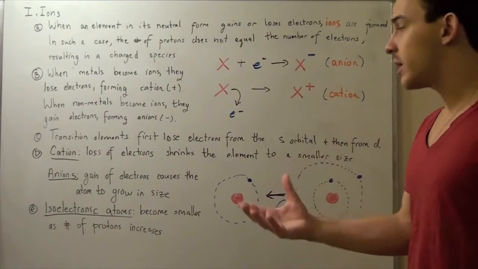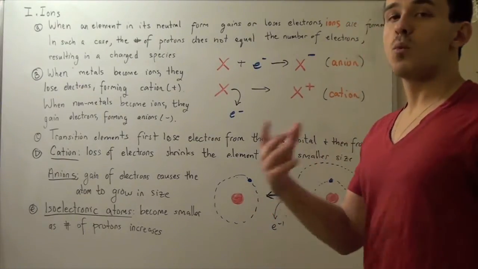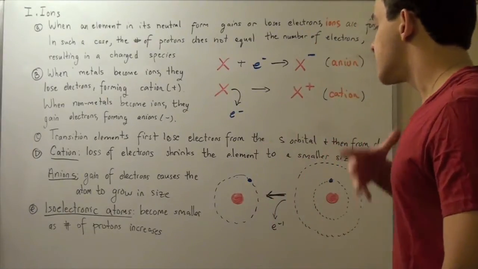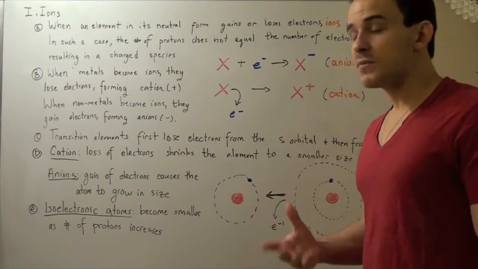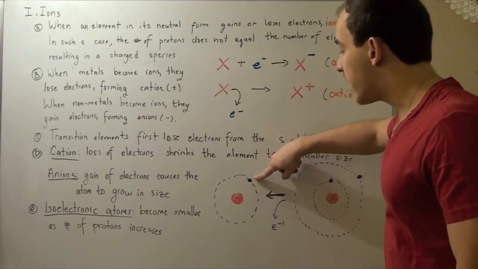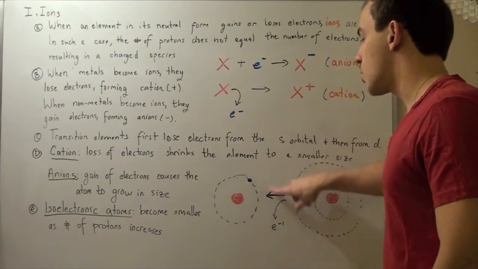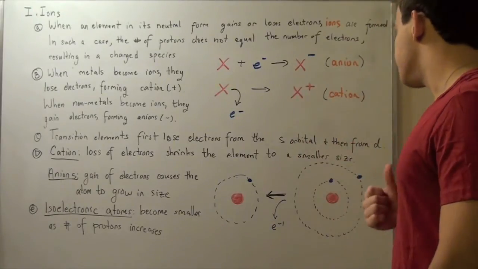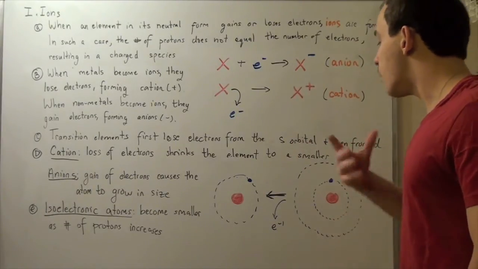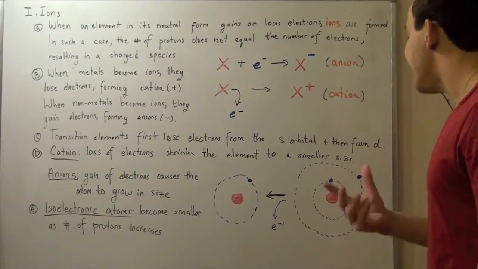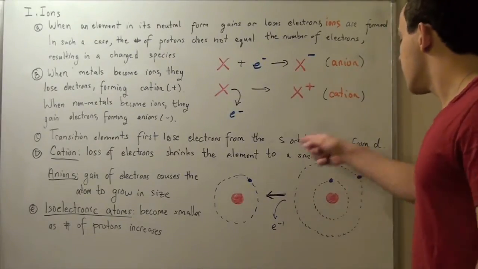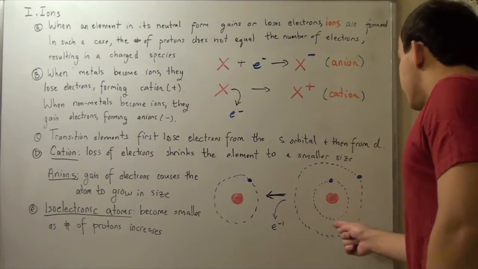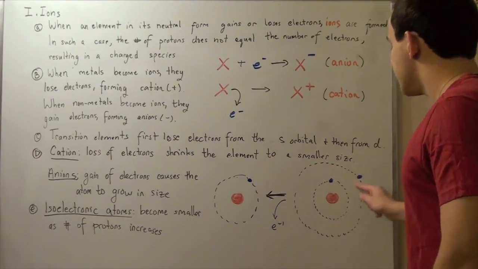Now, on the contrary, let's look at anions. So what happens to anions? Suppose now we have a neutral atom with a +1 charge and a -1 charge, forming a neutral charge. And now suppose it gains an electron from some other atom, probably a metal. Now it will gain a new outer shell, forming this outer shell and this empty space in between.